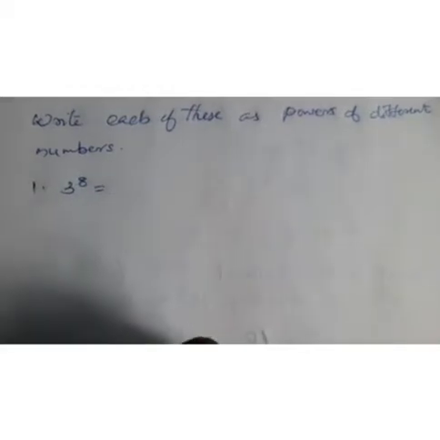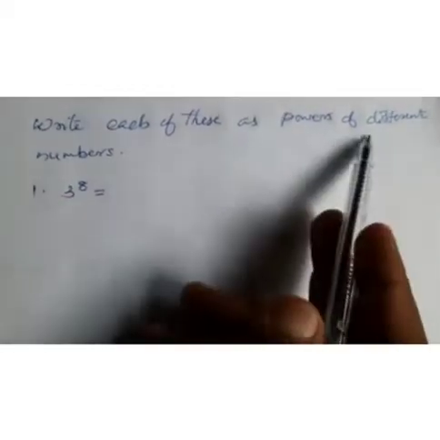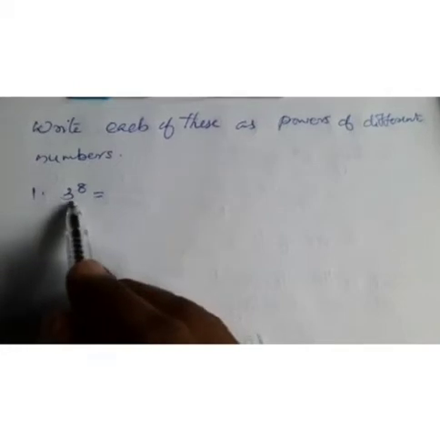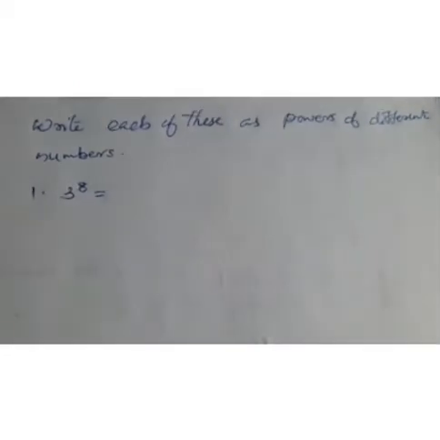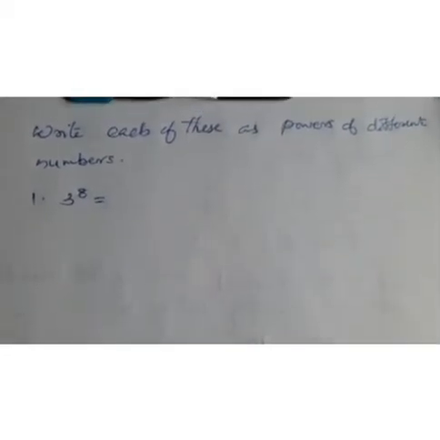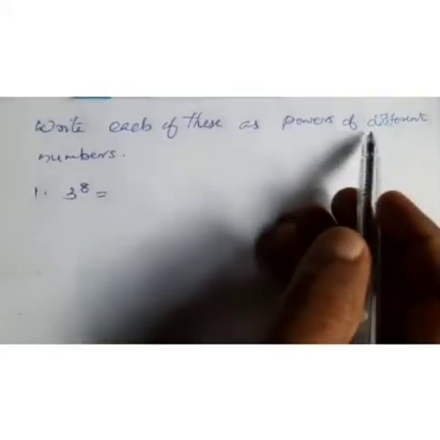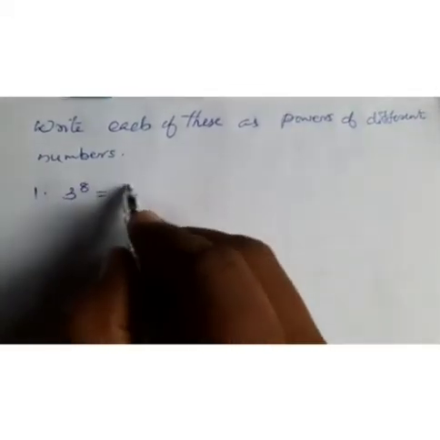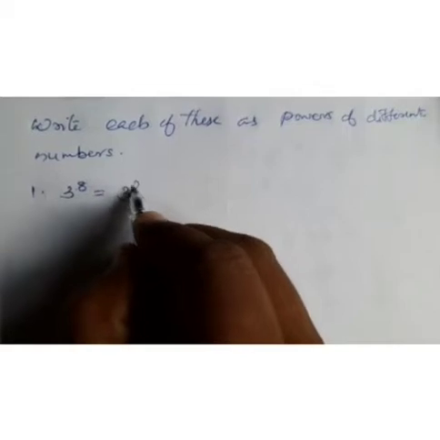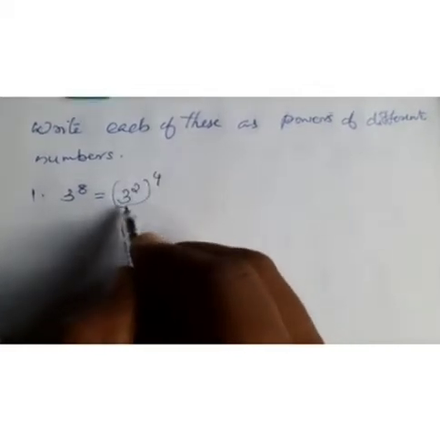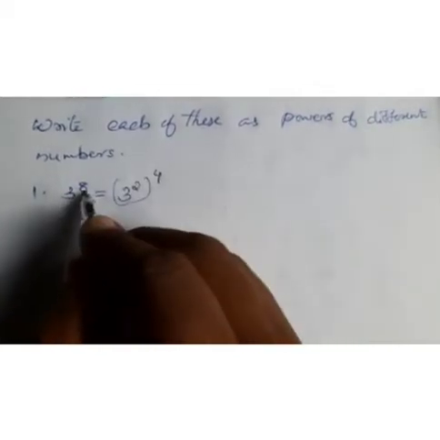Write each of these as powers of different numbers. 3 raised to 8. Different powers of different numbers we have to write down. 3 raised to 8 we can write as 3 raised to 2 whole raised to 4. 3 raised to 2 into 4 is 8.